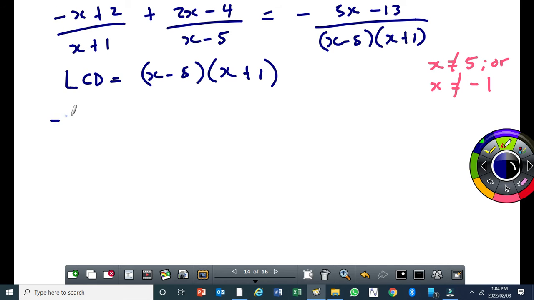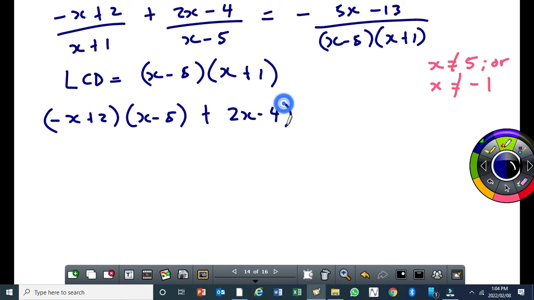You end up getting minus x plus 2 times x minus 5. There is no need to write the denominator anymore, because after finding the LCD, we multiply every term by the LCD. So this will be plus 2x minus 4 times, now we have x minus 5, so obviously I have to multiply by x plus 1.